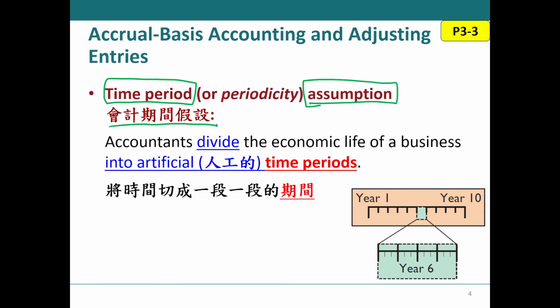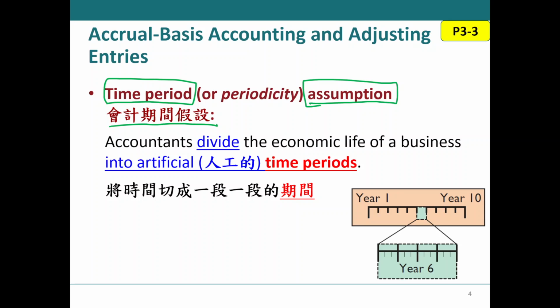Who told you 1 year is 365 days? We told you, right? Could you change it to 400 days for 1 year? Yes, we could. Because that's the human we set the period, right?